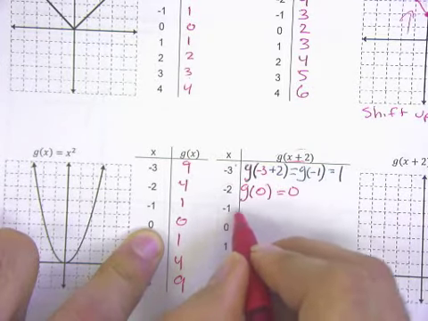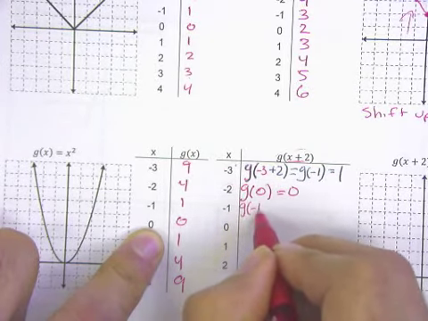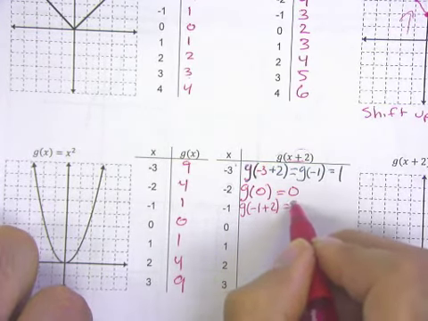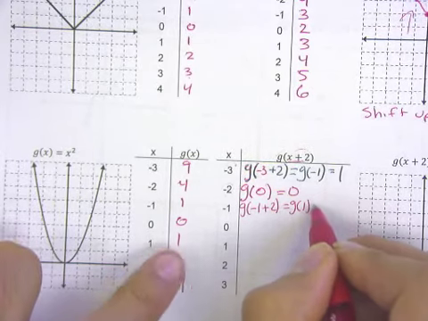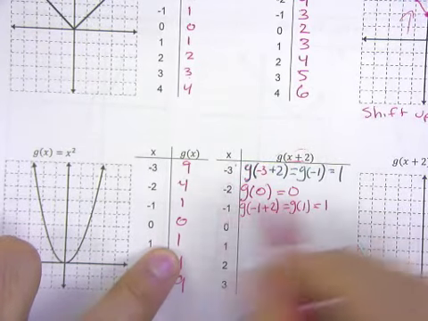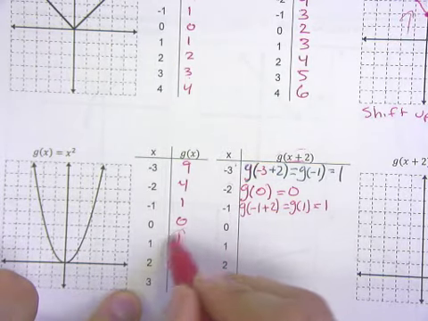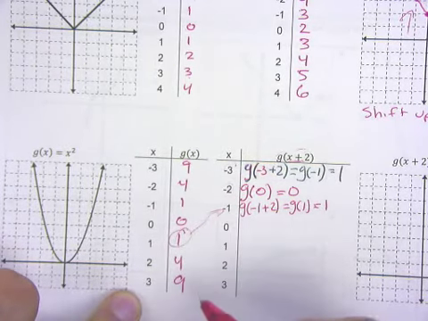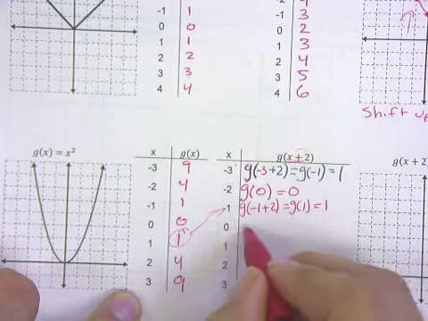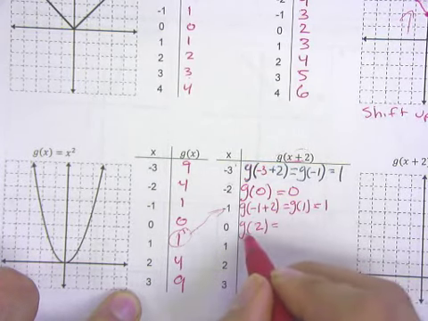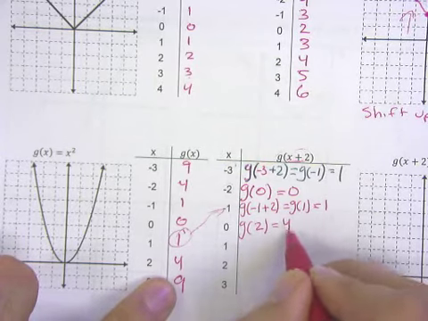When we input negative 1, we'd have negative 1 plus 2, so we'd actually get the output for 1. So we'd get 1. Now that's the same as it was for negative 1, but really what's happening is we're getting this output. When we input 0, we're getting 0 plus 2, which is 2. So we're getting g of 2, which is 4.